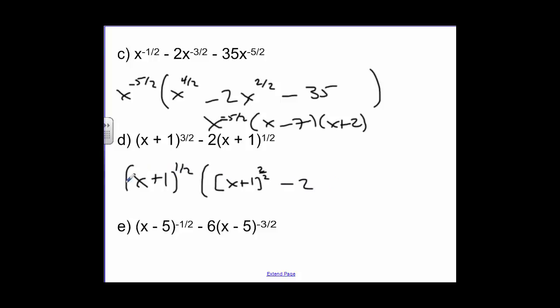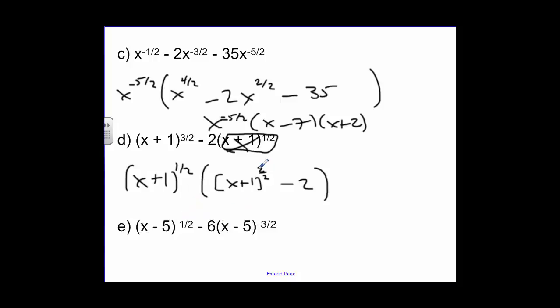Now, this whole thing right here is going to FOIL in, if that makes sense. It's going to distribute in, but we already pulled it off of the minus 2, so you can actually just leave the 2 there. So you pulled an x plus 1 to the 1/2 out. It left a 2/2 here, and then really this guy right here just got pulled off because it got factored out.